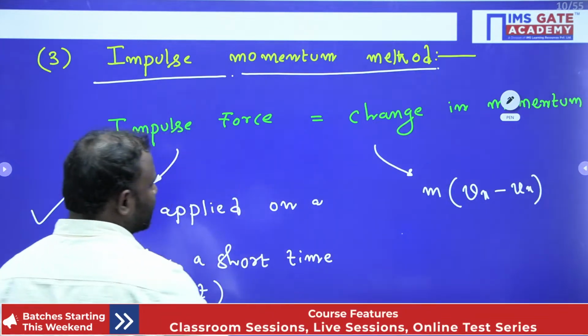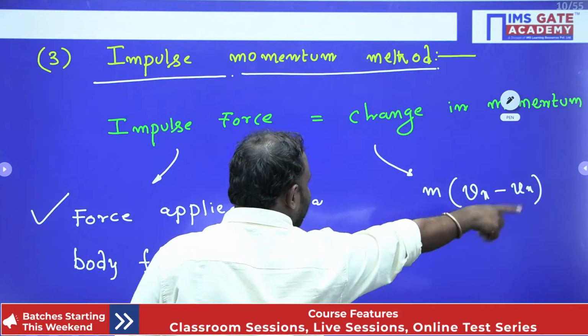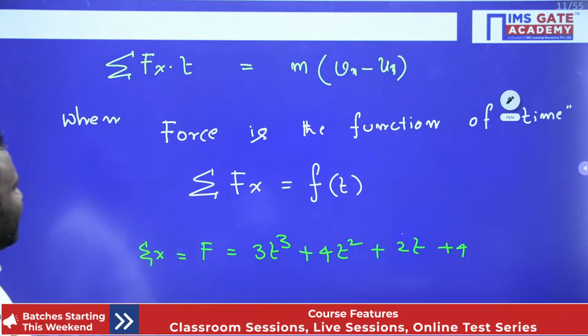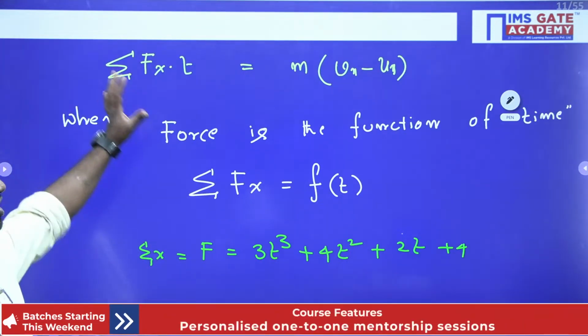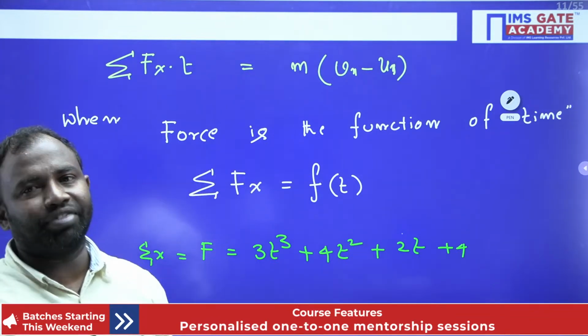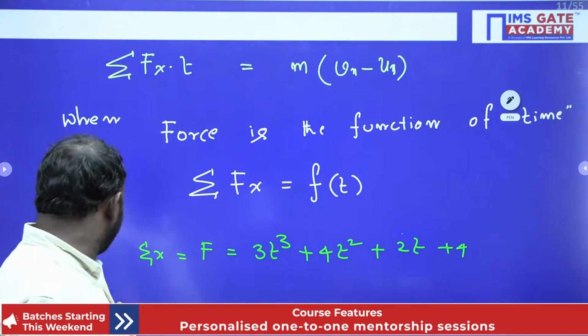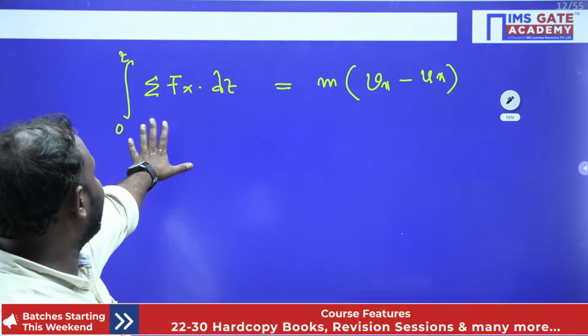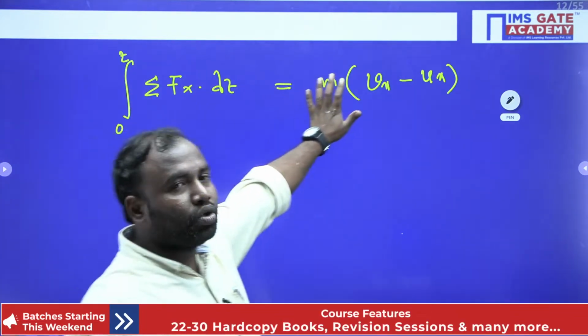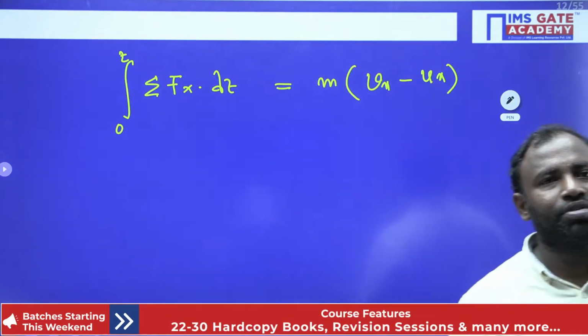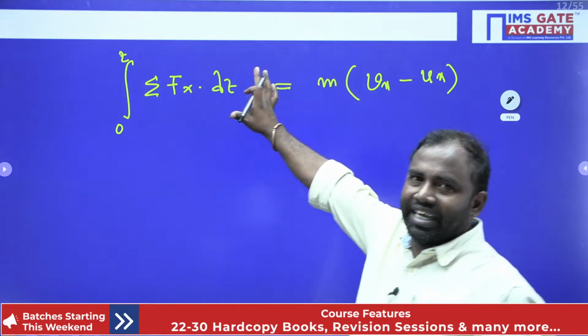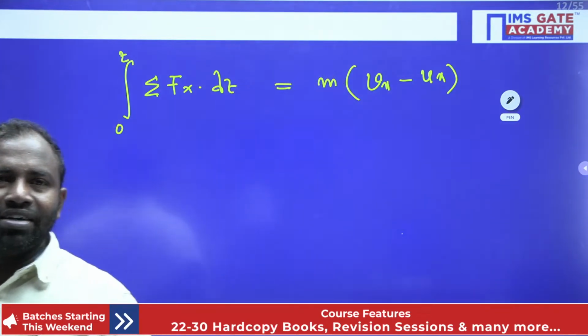Because of this force its velocity changes from initial to final. If suppose your force is given as a function of t, in this case you are supposed to write your equation and integrate it with respect to t. Then only you are going to get the correct answer, right?